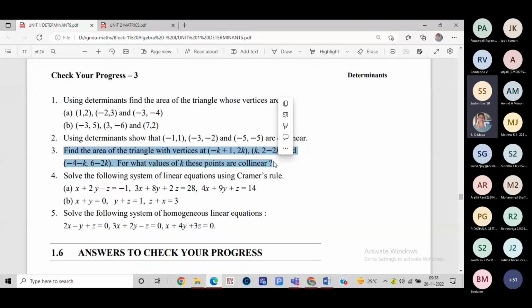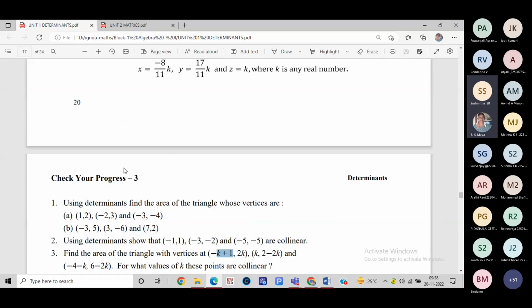You just substitute in the determinant minus k plus 1, 2k. See, whenever you have an x coordinate and y coordinate, this is the x1 coordinate and y1 coordinate, x2 coordinate, y2 coordinate, x3 coordinate, y3 coordinate. So we should do it like this.